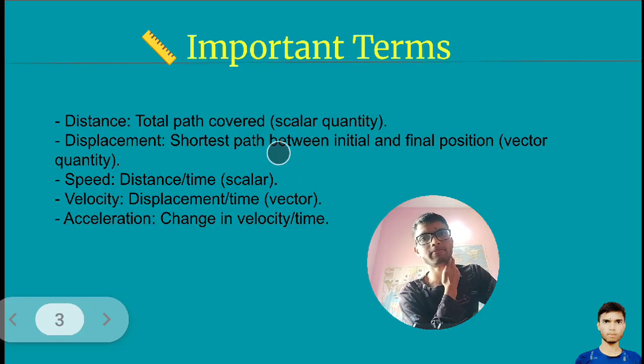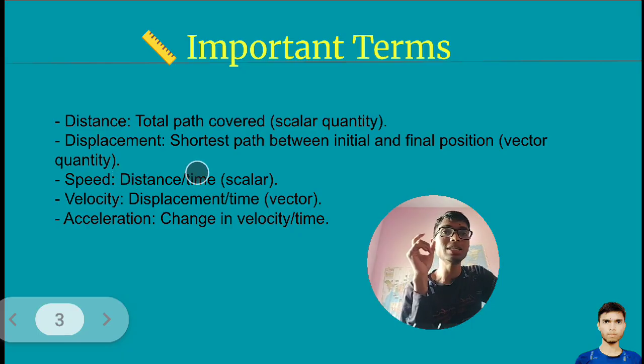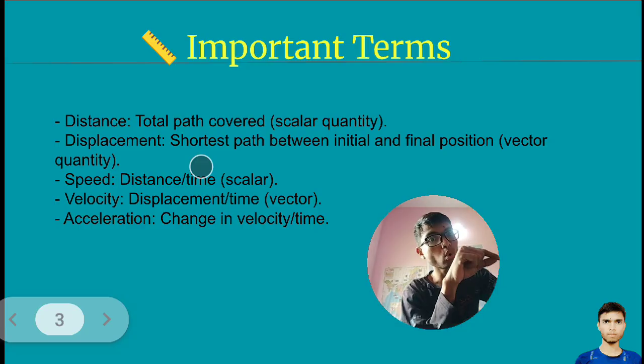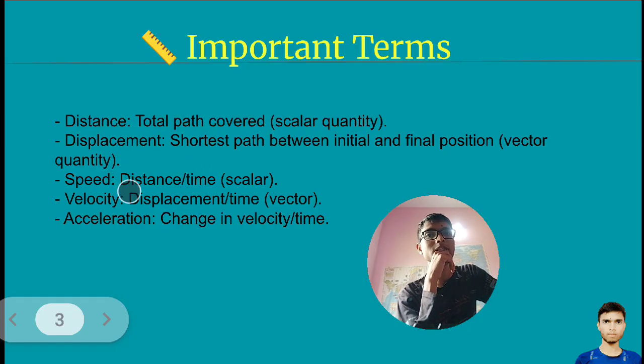Now here, I said speed tells you the speed of a vehicle. Speed is how slow or fast something is moving. We will tell this with a speedometer, which is found in a vehicle.